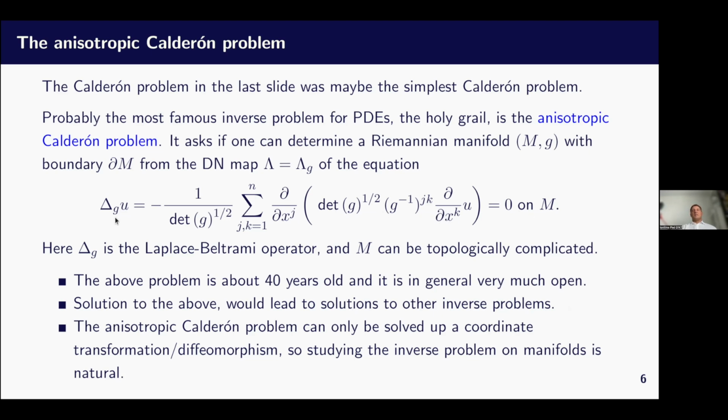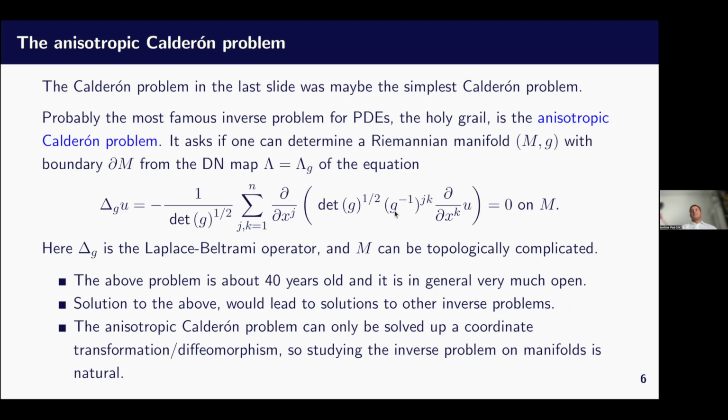This is the Laplace equation of a Riemannian manifold. This delta g is called the Laplace-Beltrami operator. In this problem, M can be topologically complicated, but never mind about the manifold. Let's just think that you have, let's say, a ball in Rn, and then you have this equation where g is a matrix valued function.